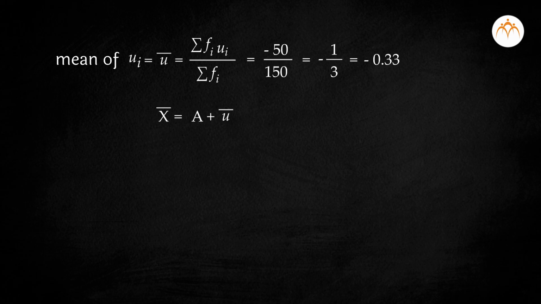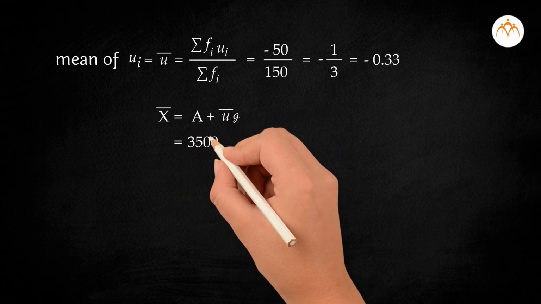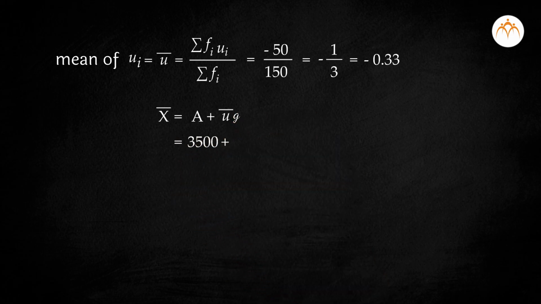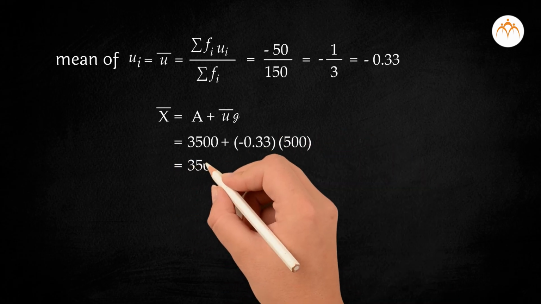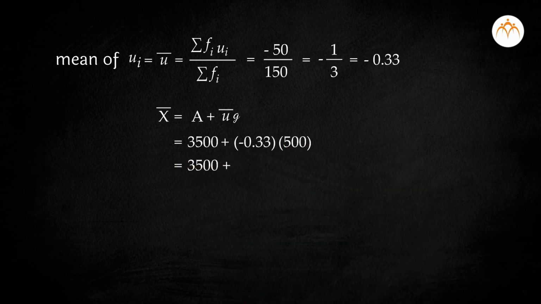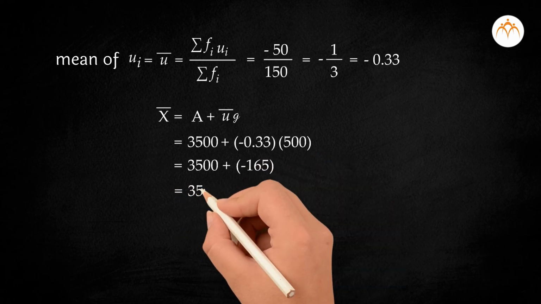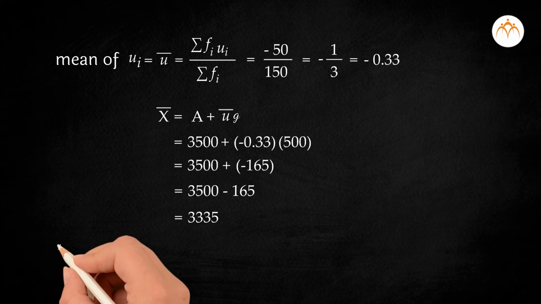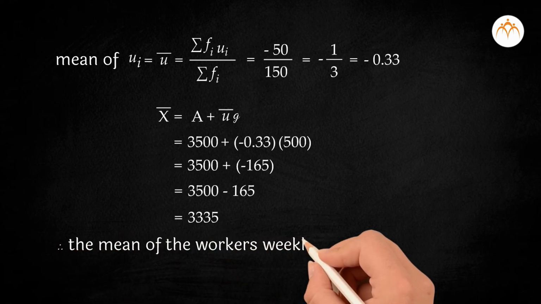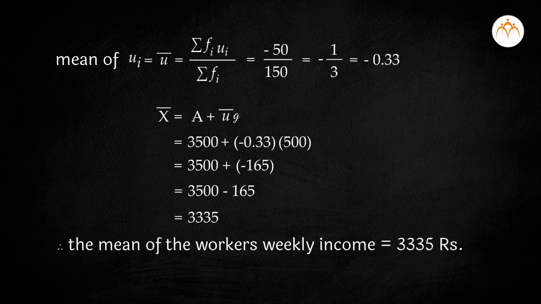Therefore, x bar is equal to 3500 plus minus 0.33 multiplied by 500, is equal to 3500 minus 165, is equal to 3335. Therefore, the mean of the workers' weekly income is 3335 rupees.